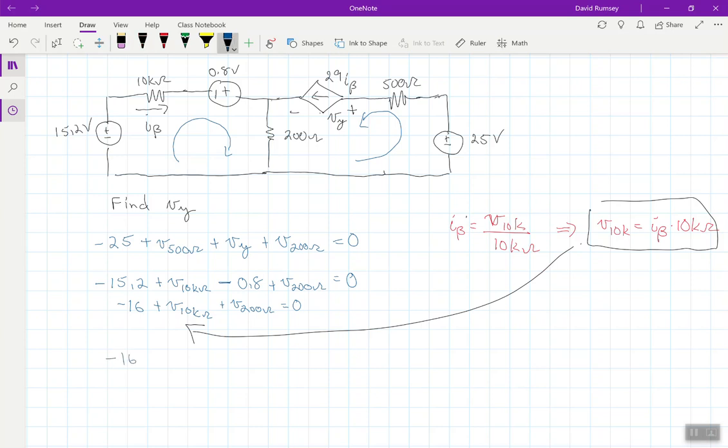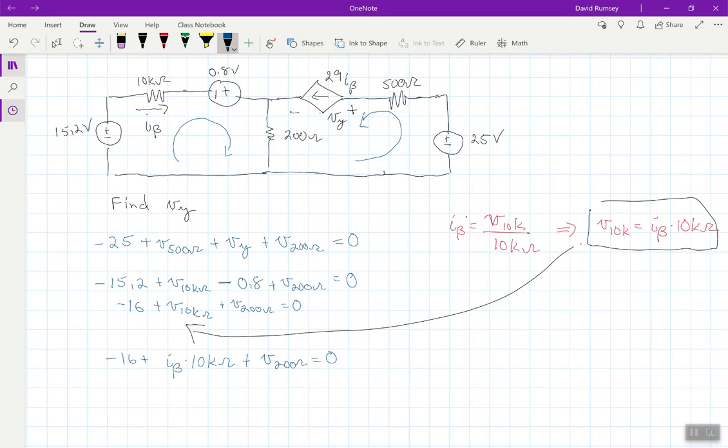So I have minus 16 plus I beta times 10 kilo ohms plus V200 ohms equals 0. Now it looks like I haven't made any progress, because all I've done is change things around, and I still have two unknown variables here.